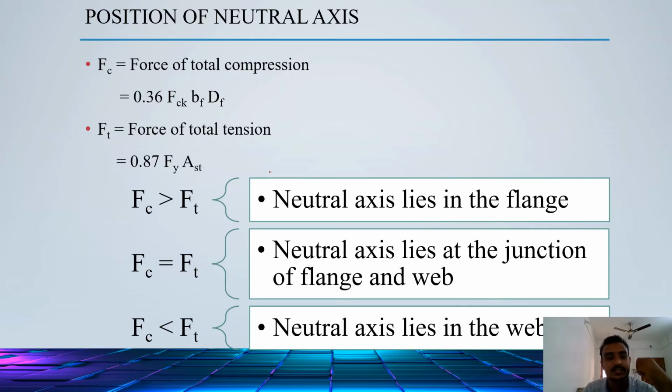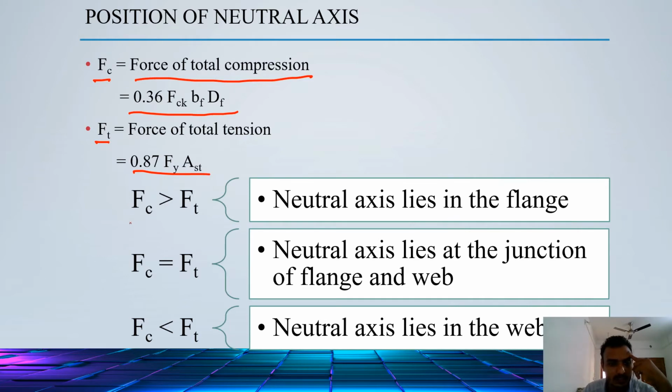Position of neutral axis. How can you find the position of the neutral axis? We can find it by FC and FT. FC is the force of total compression, 0.36 FCK BF into capital DF, and second is the force of tension, 0.87 Fy AST.